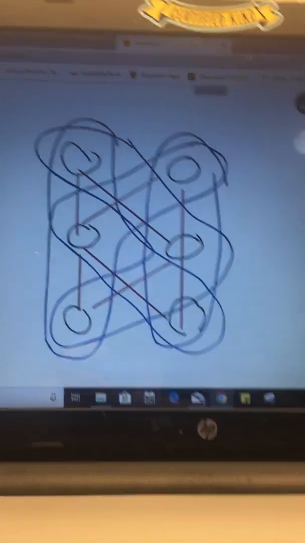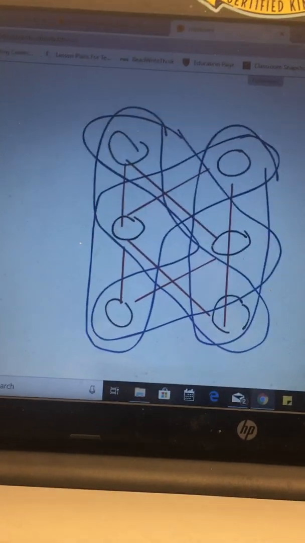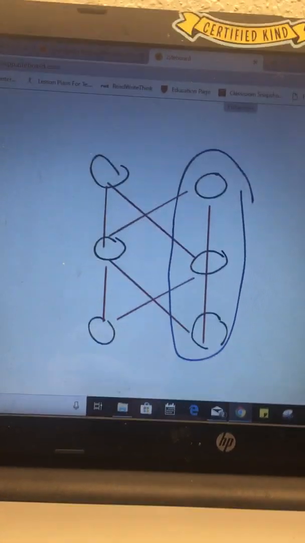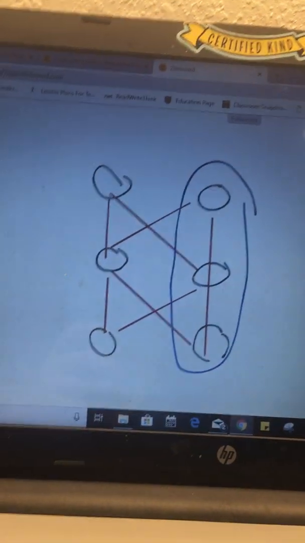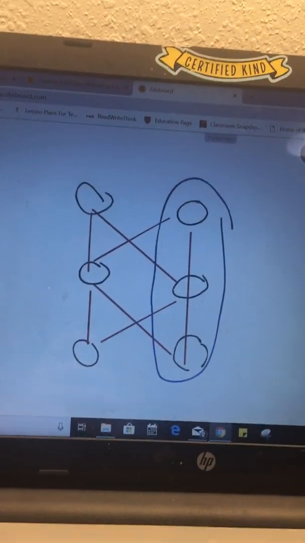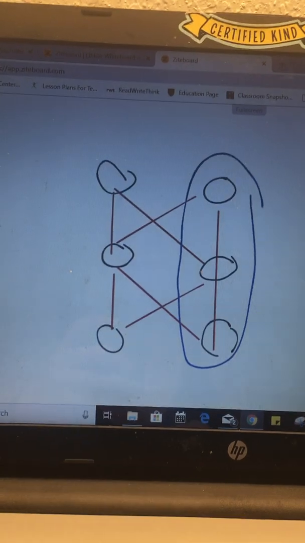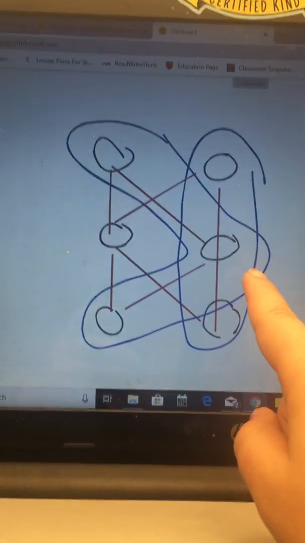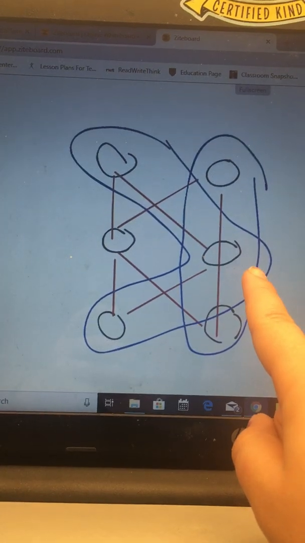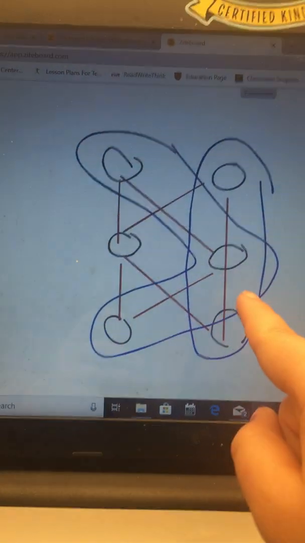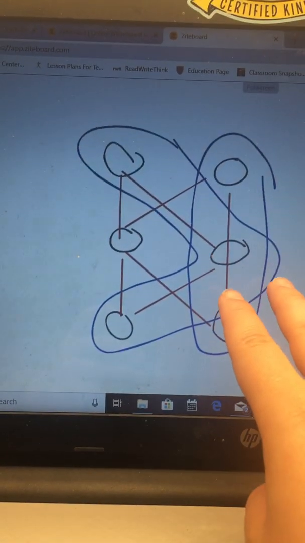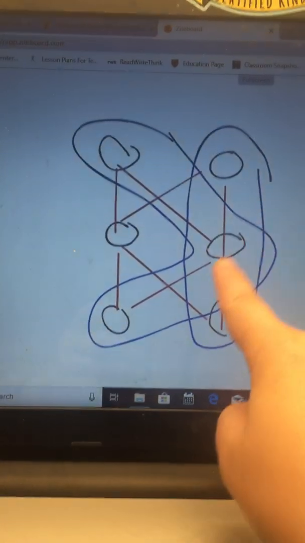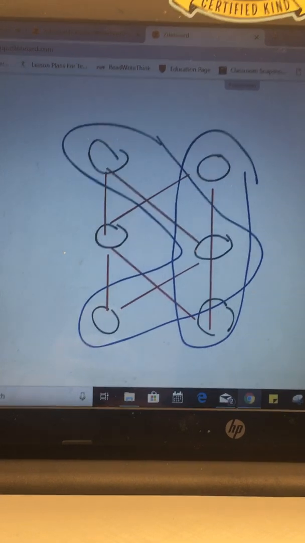So, looking at each of these, I'll kind of move back here. Looking at this point, it is shared between 2 lines, and any 2 distinct lines have exactly 1 point on them, and that is 1.